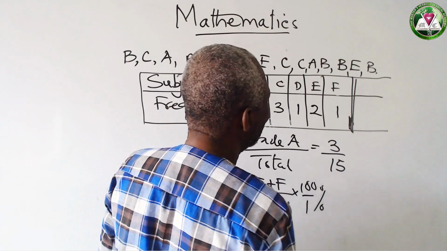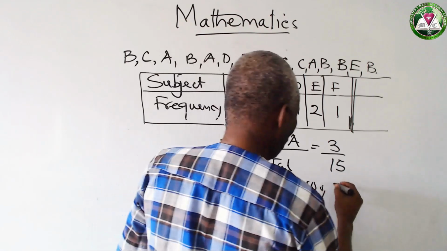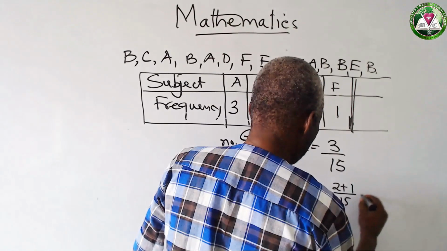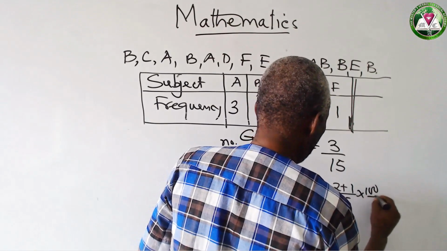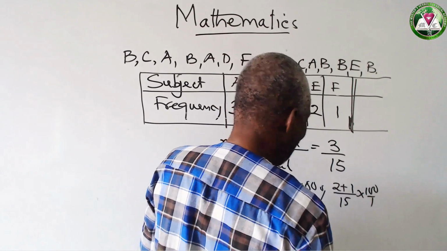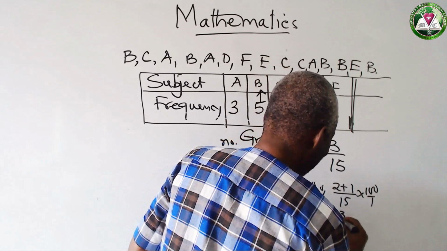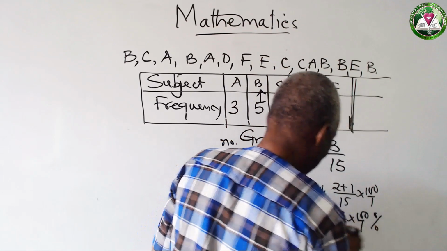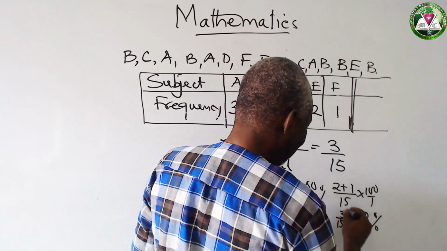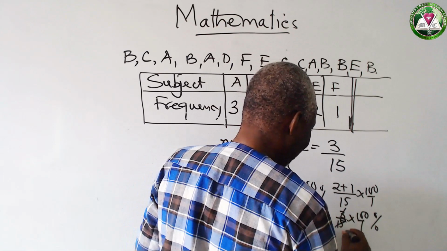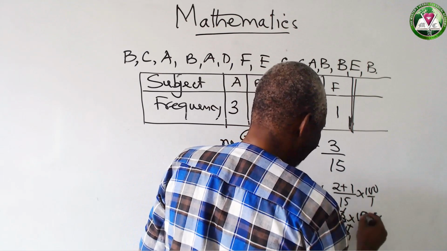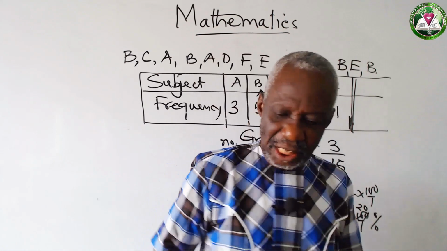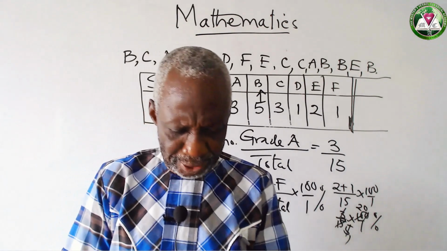Those in E are 2, so 2 plus those in F are 1, all over 15 times 100 all over 1. So you would now have this as 3 over 15 times 100 all over 1. 3 into 15, 5. 5 into 10, 2, 5 into that, 0. So the percentage that left the school is 20%.